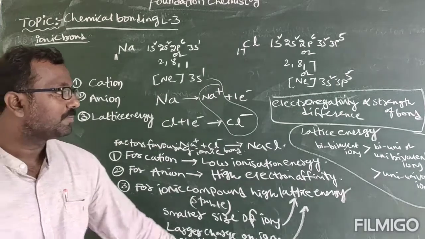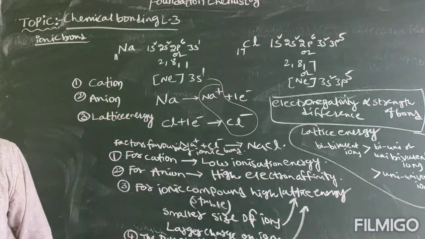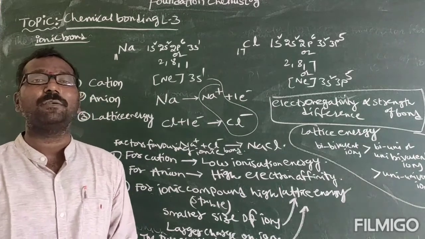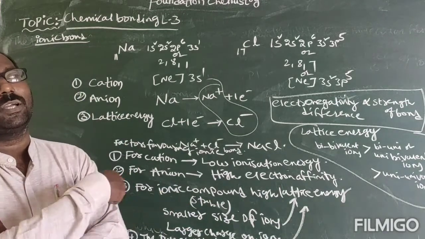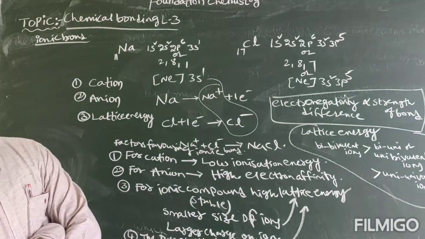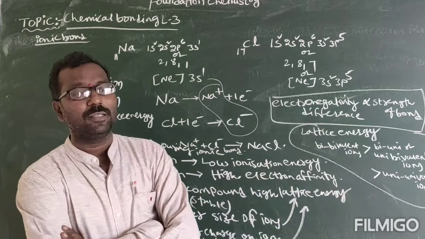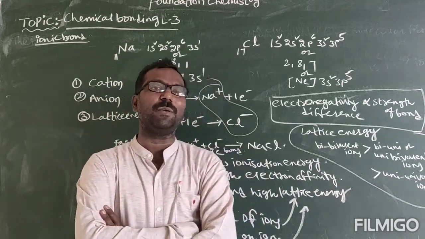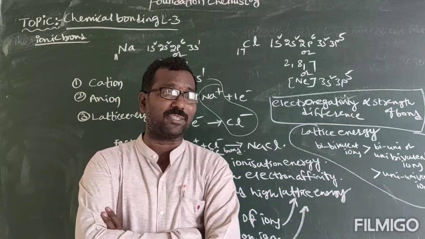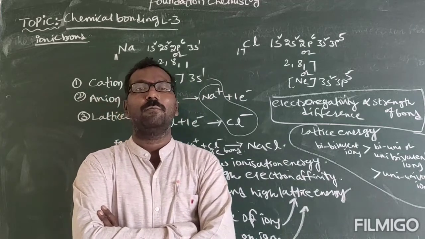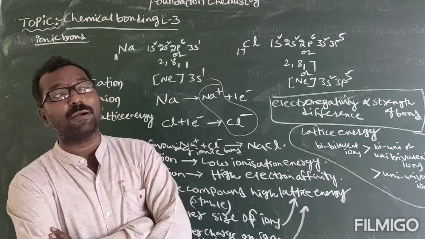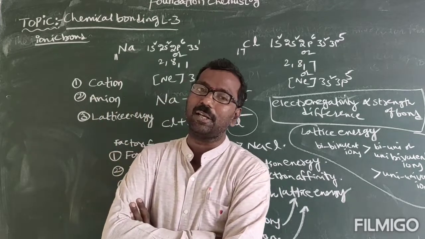And if both ions are bivalent, their lattice energy is the greatest: bivalent is greater than bi-uni, and that is greater than uni-uni.